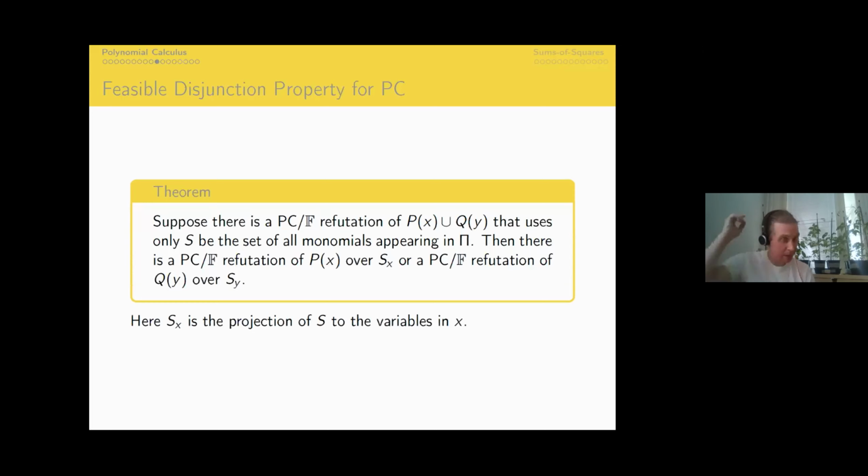So okay, let's see. Also quickly, the details omitted in the first part about the disjunction property. After finding really the correct class of proofs to consider, these results almost become trivial, especially these disjunction property proofs.